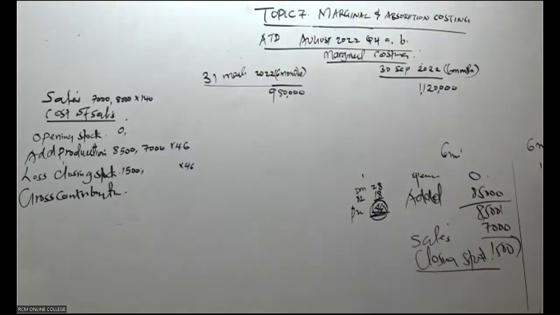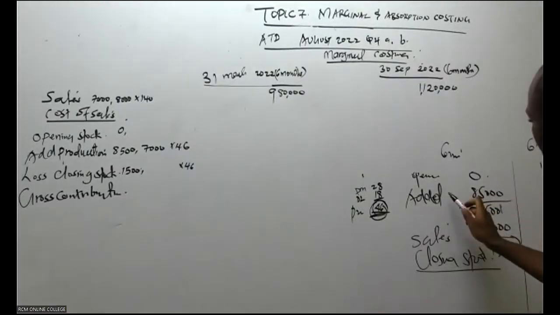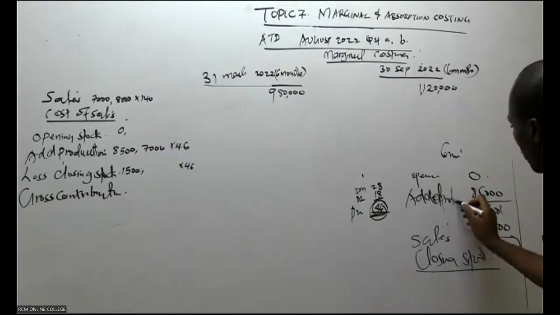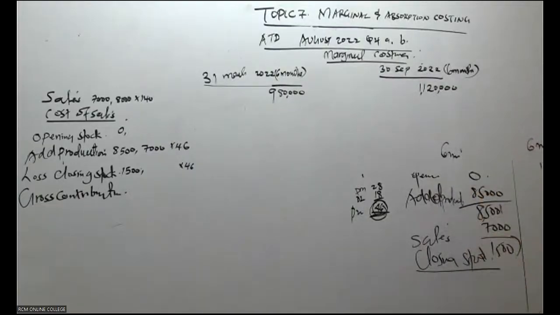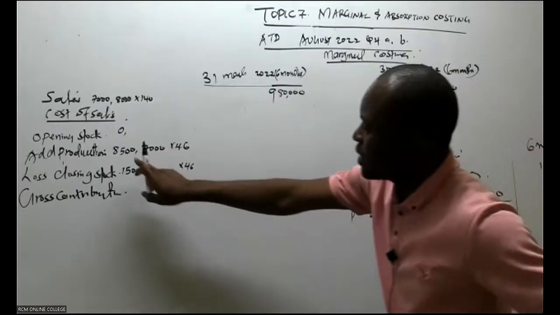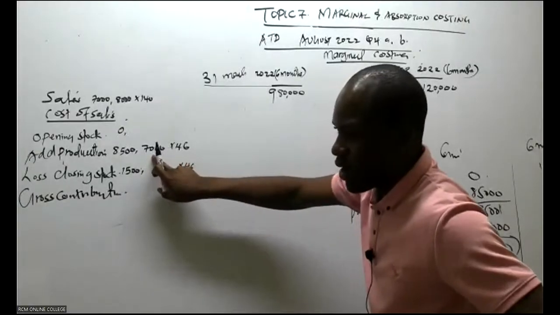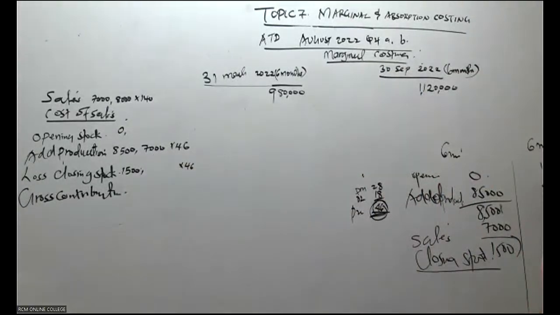Okay, we have 1,500. How about the goods that have been added, which you can add through production or purchase, but we've now produced. If you look at the production, for the first 6 months it is 8,500. For the last 6 months, it is 7,000. So I will need to add 7,000 to get goods available for sale, 8,500.